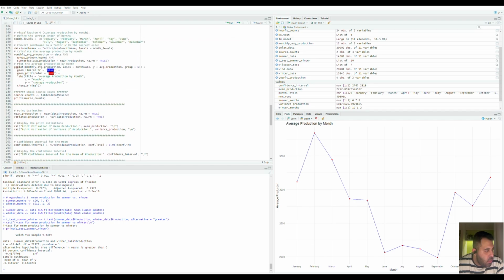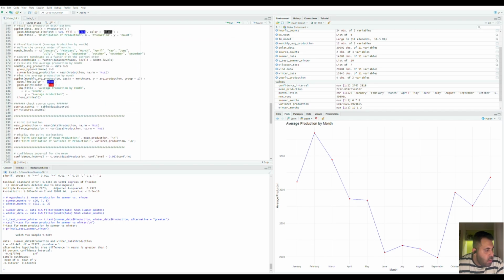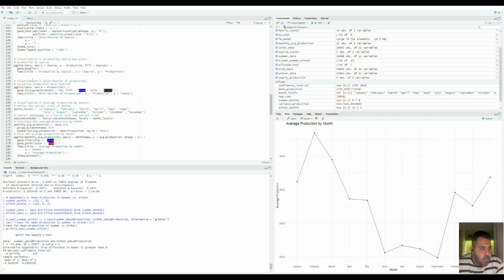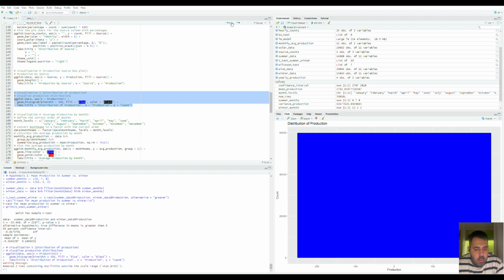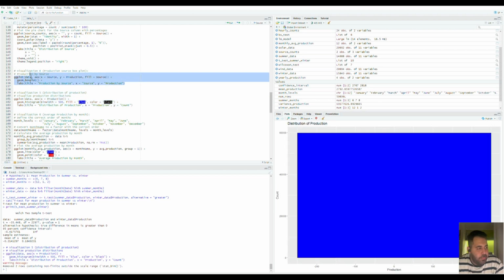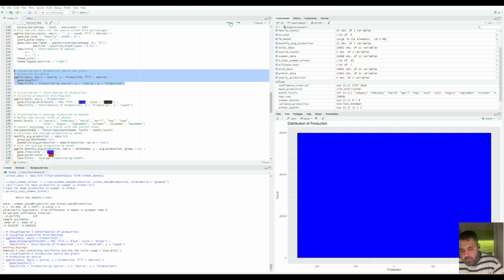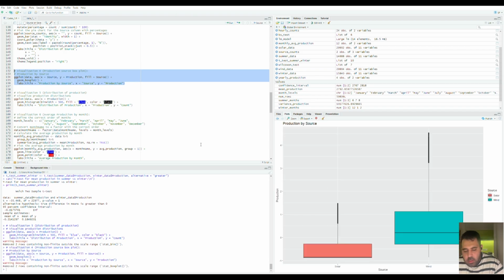The correct visuals is, let's check this one. No, this one. Yeah, here. The visualization number 4. You can see the amount of wind energy production is much higher than the solar one.